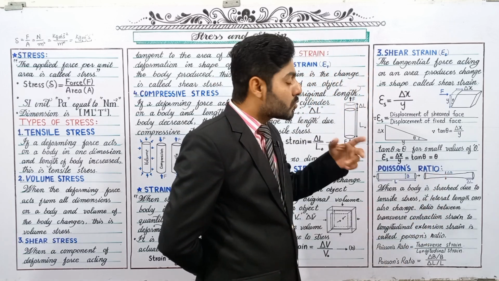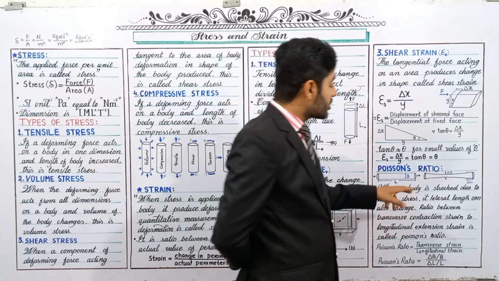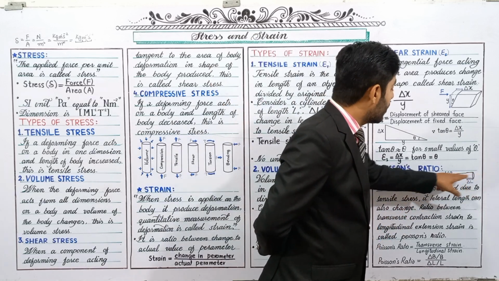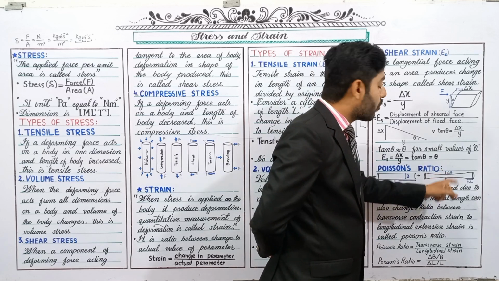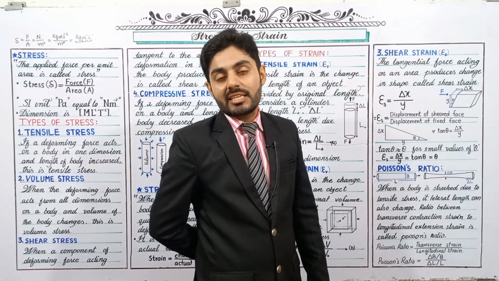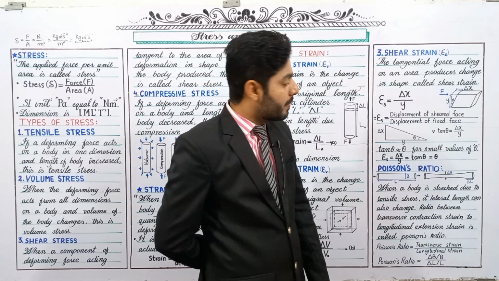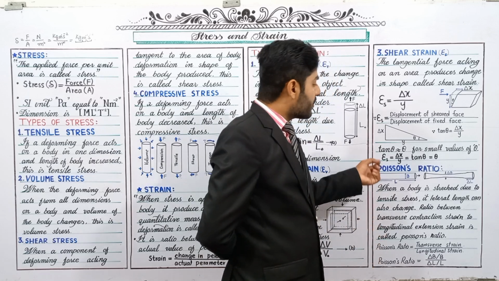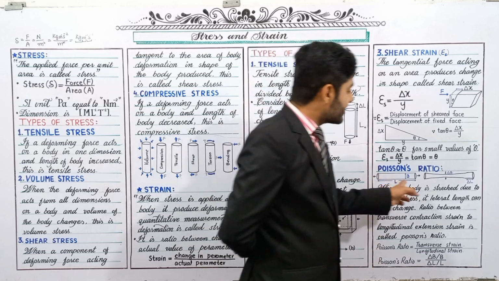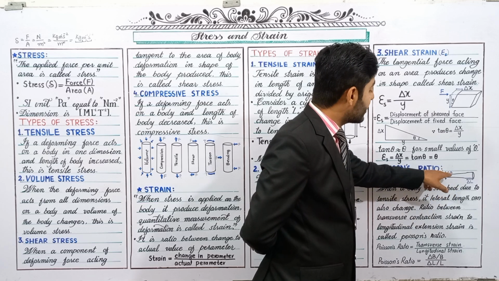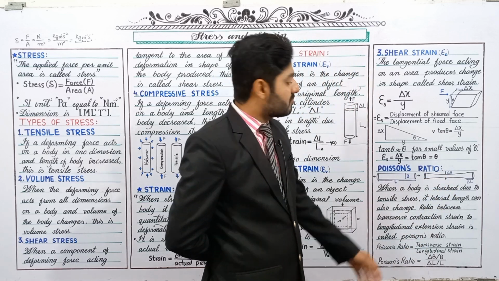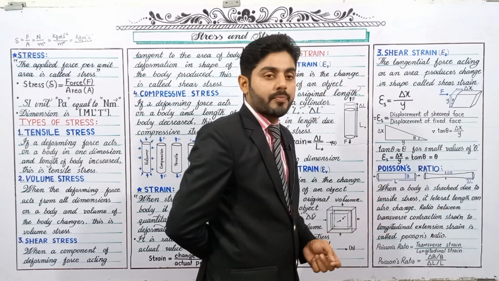So there are two types of strain. The first one is the strain along the horizontal direction, and the second one is the strain along the vertical direction, which is about the thickness. So the ratio between this longitudinal strain and this transverse strain is basically the Poisson's ratio.